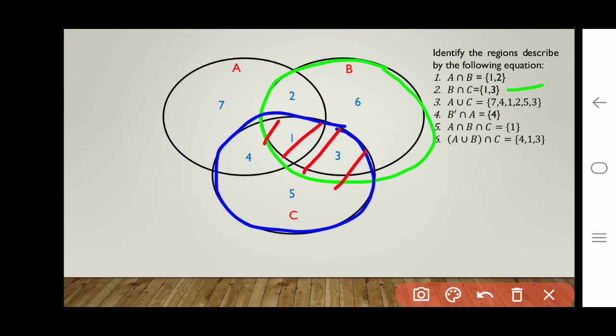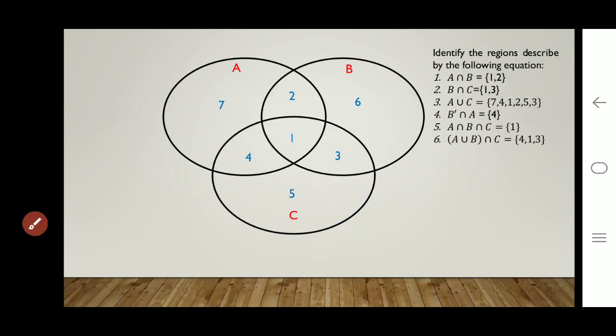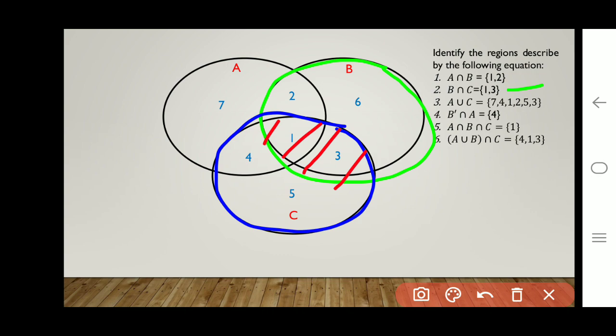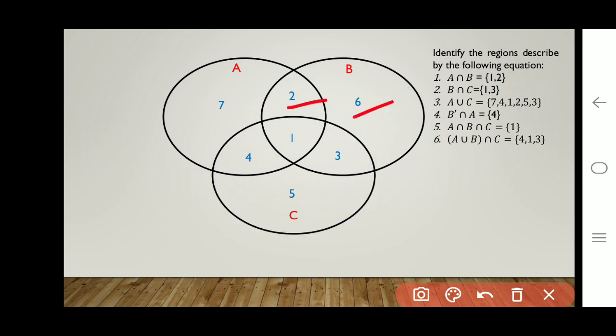Remember, hindi ito bilang yung mga number dito, hindi siya number of elements, kundi region siya. Inassignan lang ng number. Kunyari, ito region 1, ito yung area ng region 1, and then area ng region 2. By region siya.